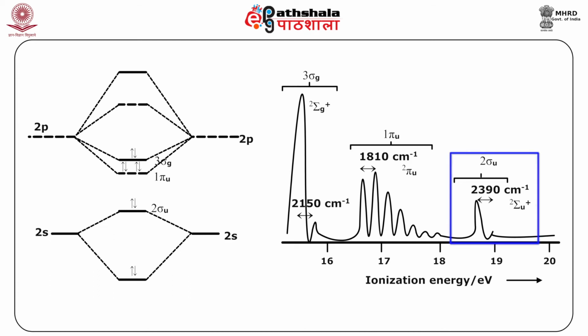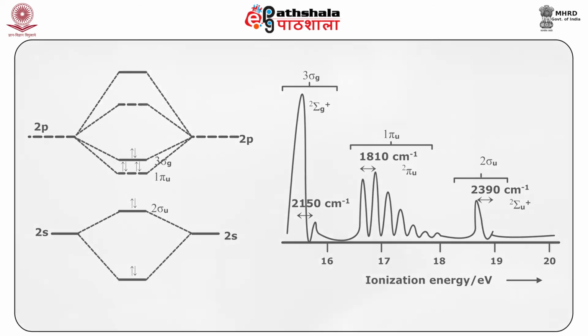And then finally, you have another band at 18.76 electron volt, and it has very little vibrational structure and a vibrational spacing of 2390 cm⁻¹, which indicates that σu is a weakly bonding orbital with only a slight decrease in bond length to 0.1074 nanometer.